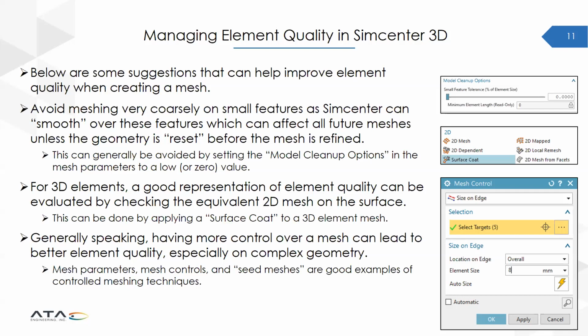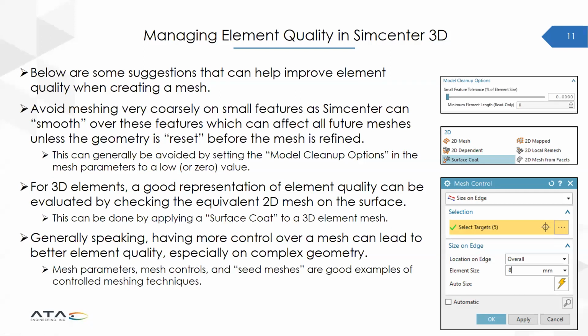Generally speaking, you would want to avoid meshing very coarsely on small features, as Simcenter can tend to smooth over small geometry by itself, which can affect what you're intending to do at the small geometry, and it can also affect all future meshes at this geometry, unless you end up resetting that geometry in Simcenter. However, you can generally avoid this issue by setting the mesh parameters in the model cleanup options, which I have noted here, to a very low or 0 value.